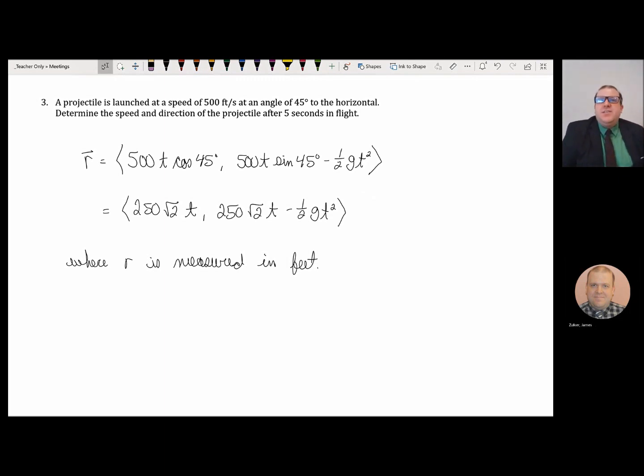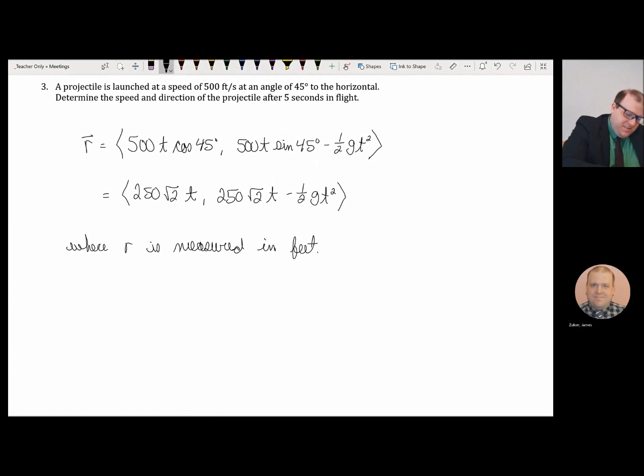So determine speed. Speed is just what? The magnitude of velocity, right? So we have two ways to proceed. We can either find the velocity vector at 5 seconds, then take its magnitude, or we can find the speed function at any time t and then evaluate that at 5 seconds. They both give you the same answer.